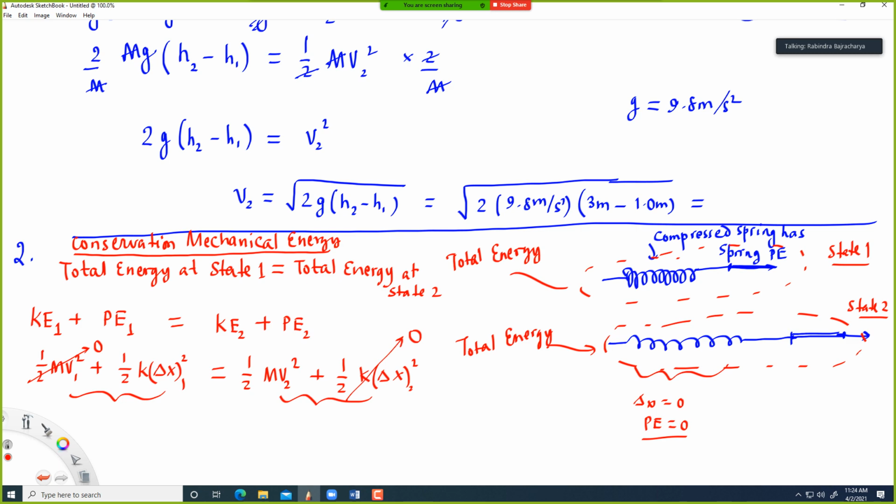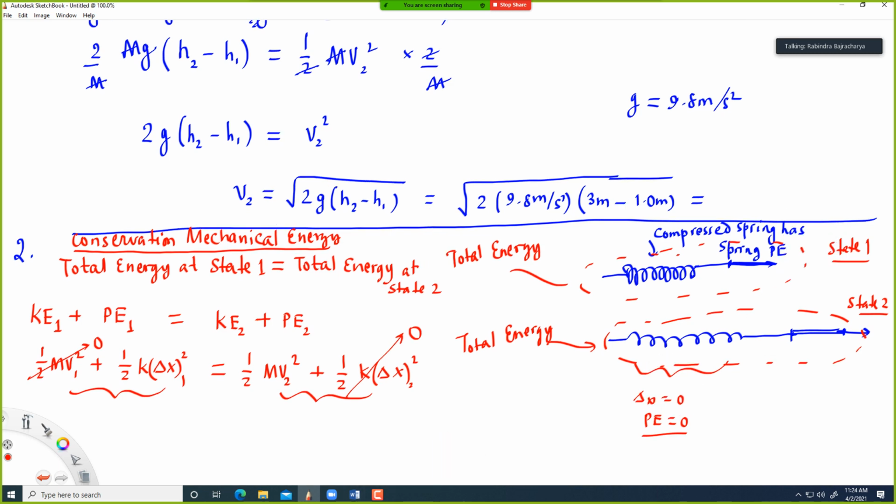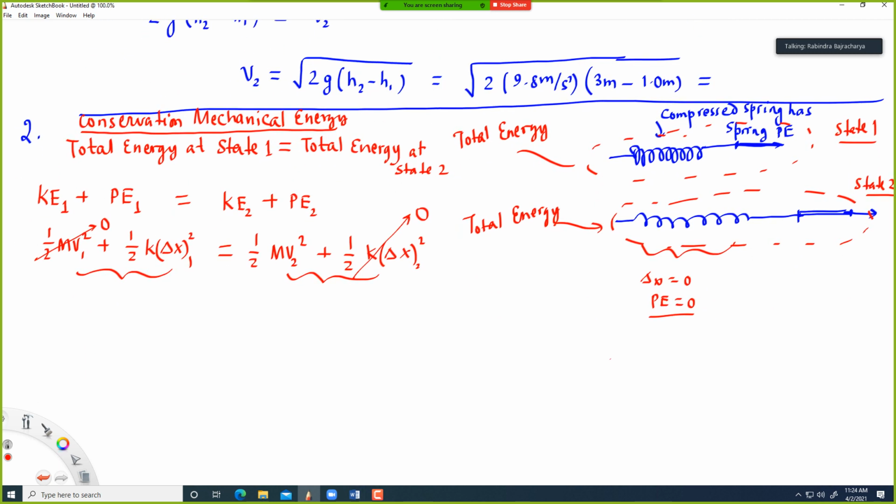So let me write it down so that you don't confuse that. Let's say you have a spring. This is the original shape of the spring, not compressed, not stretched. In this case, spring potential energy, let me write it as U spring, is 0. When you stretch it, now you will have potential energy, 1/2 k delta x squared.